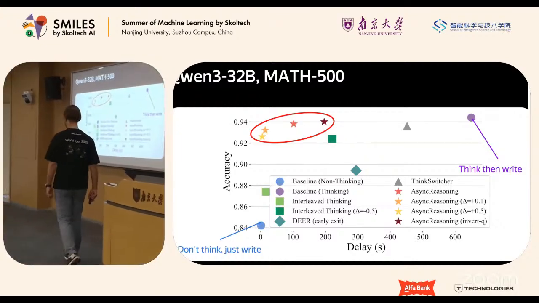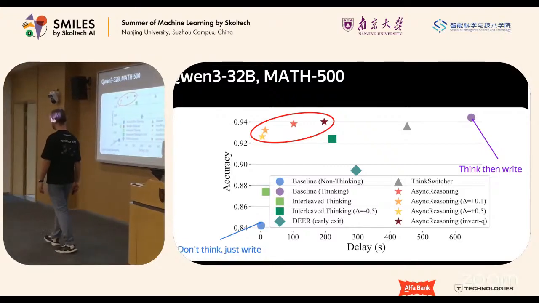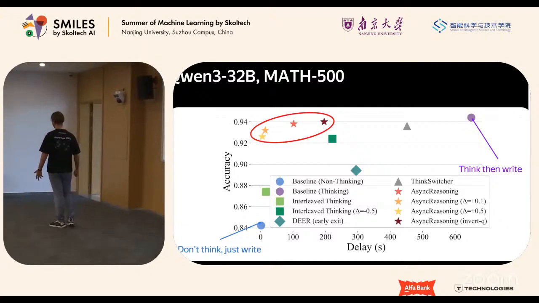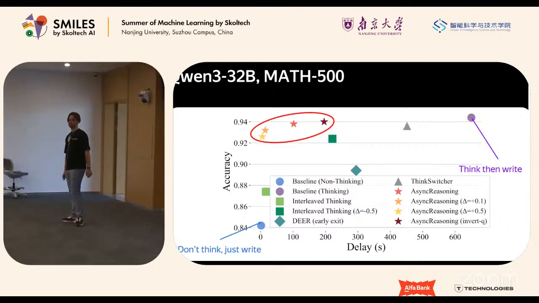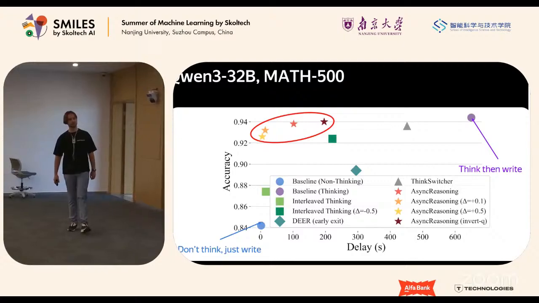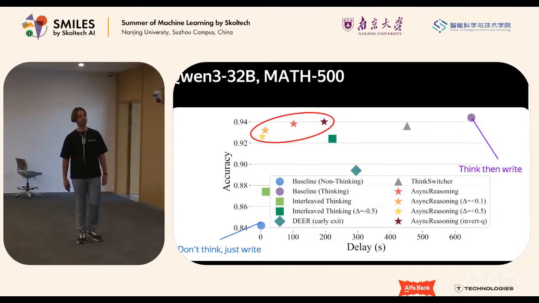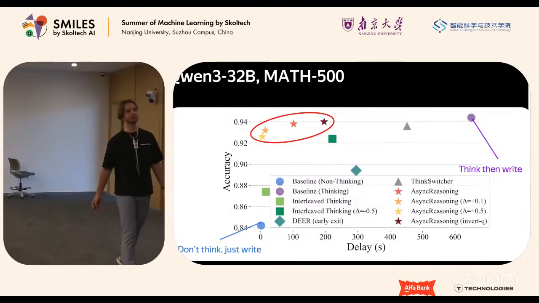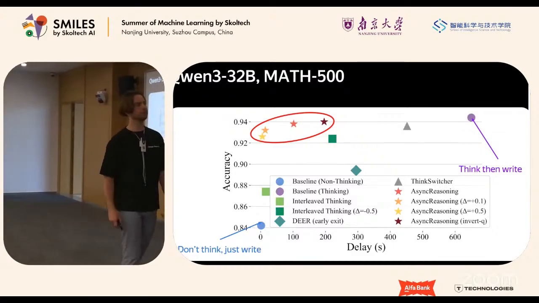Then there is early exit. There are a few methods that provide non-trainable, mathematically determined criteria to stop reasoning at this point and give an answer. So early exit, early stopping, as you can call it.